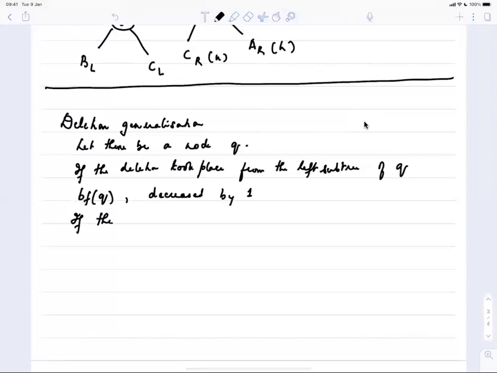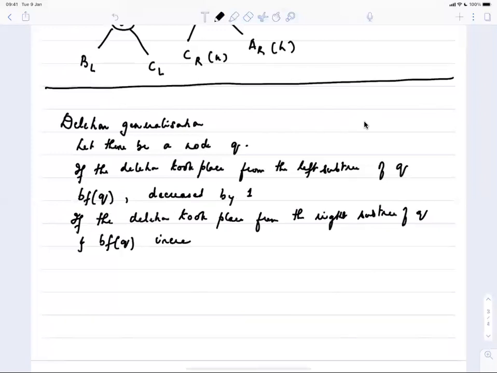If the deletion took place from the right subtree of Q, bf of Q increased by 1.